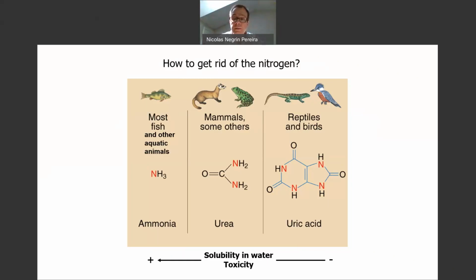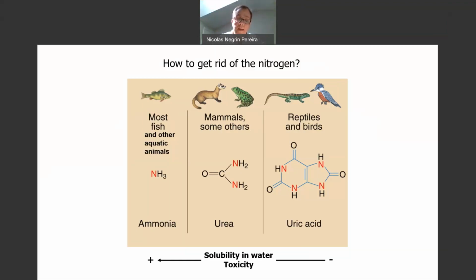Another big advantage of synthesizing uric acid as a way of eliminating nitrogen is that uric acid deposits as crystals in the amniotic egg. That is a big advantage because those crystals represent no danger, harm, or toxicity for the embryo that is developing within the egg.